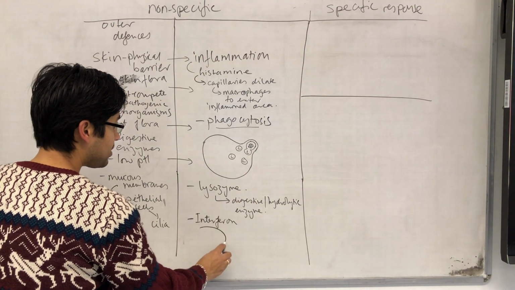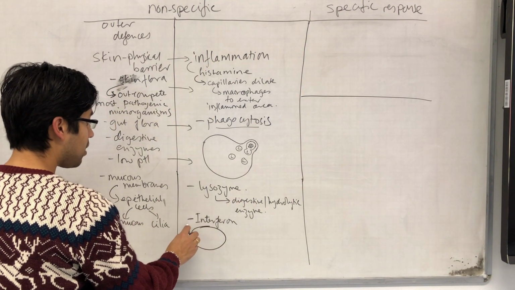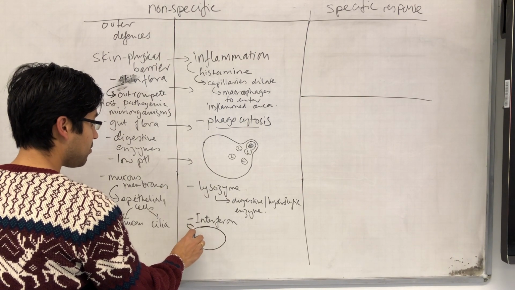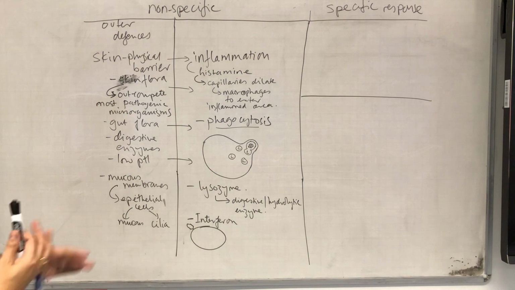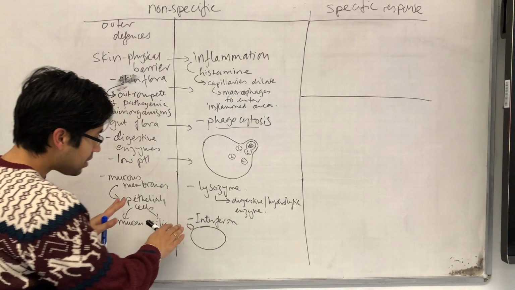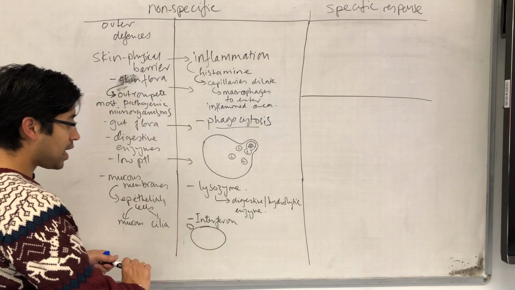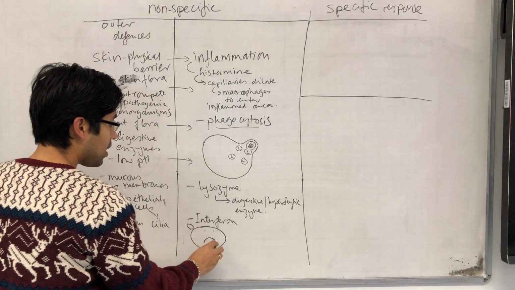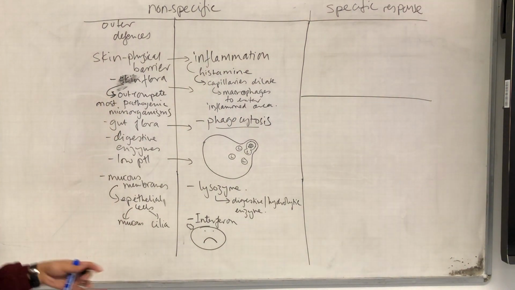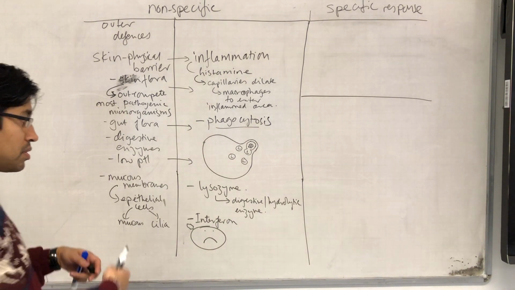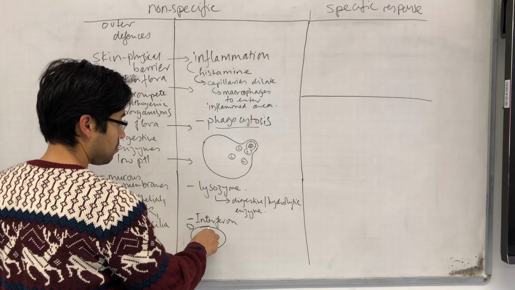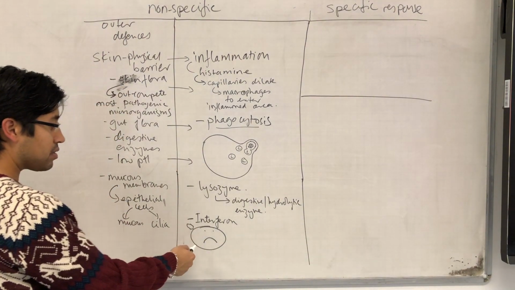When one cell is infected, say by a virus, and this is specifically an antivirus action, let's say a virus infects a cell. Now obviously this cell is infected and it's probably going to be eventually lysed or killed by the presence of the virus.